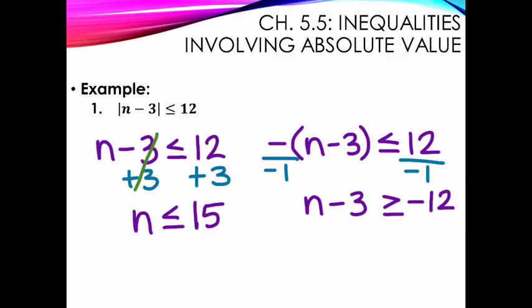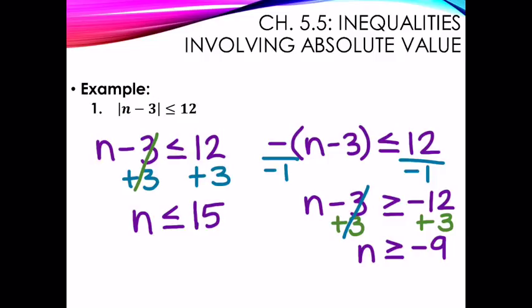Okay? So now we're going to solve this problem by adding 3 to both sides again. So on the left, this is going to cancel, and I'll be left with n is greater than or equal to, this time, negative 12 plus 3, which is negative 9.